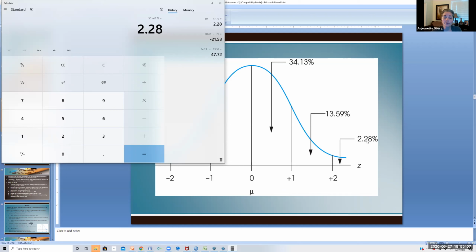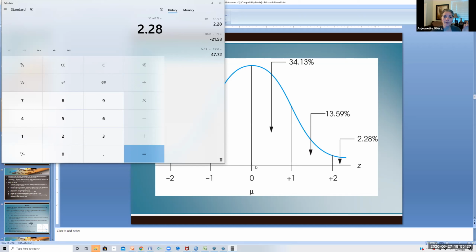Now I can further divide that 2.28% down into between 2 and 3 z-scores, or 3 and 4 z-scores, or 4 and 5. So I can break this down into incremental parts. This area can always be broken down into incremental parts.